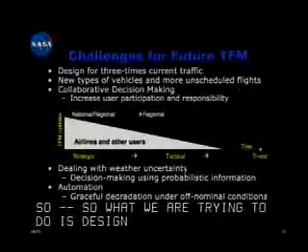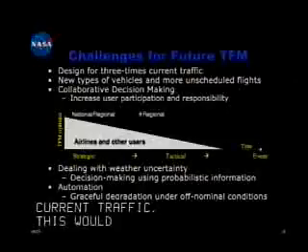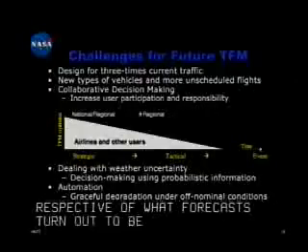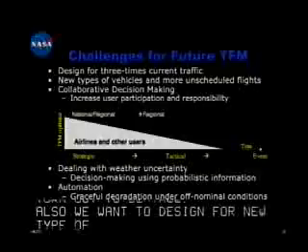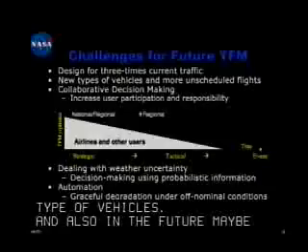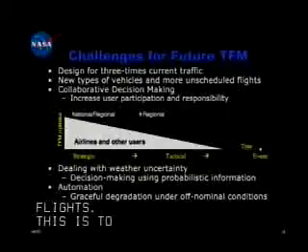This would enable us to meet demand irrespective of which forecast turns out to be true. And also we want to design for new types of vehicles. And also in the future, maybe we will have more unscheduled flights. This is to meet on-demand air traffic service.